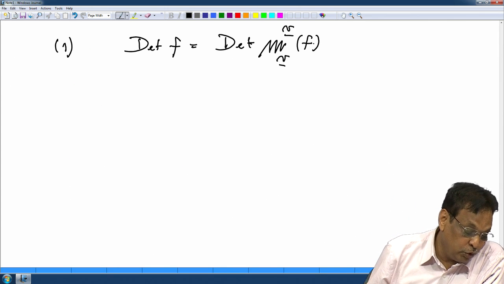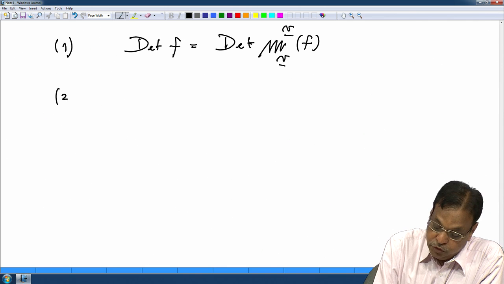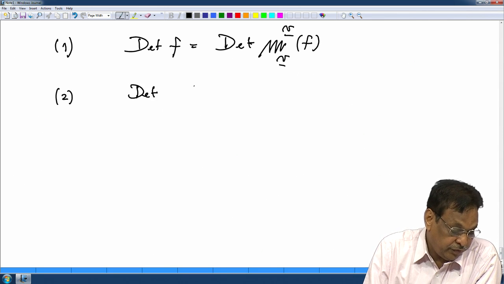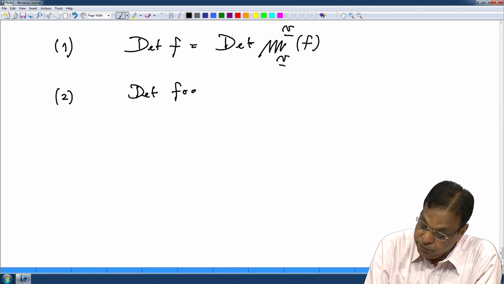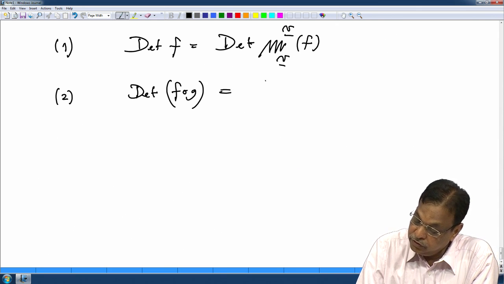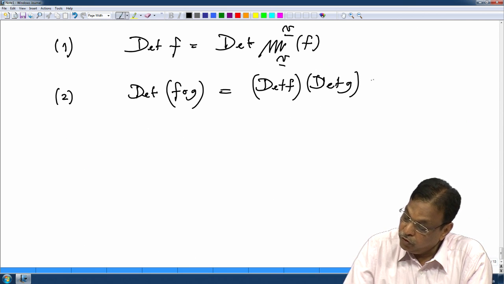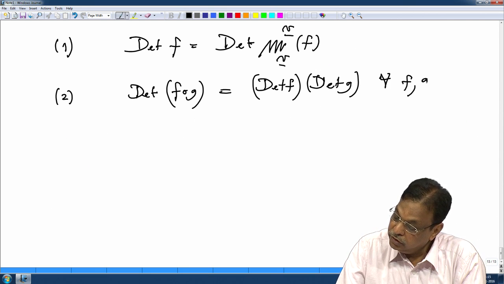And secondly, I will show you the product formula: determinant of f composed with g is the same as determinant f times determinant g, for every f, g linear operators on V.